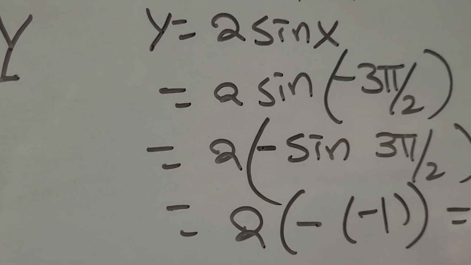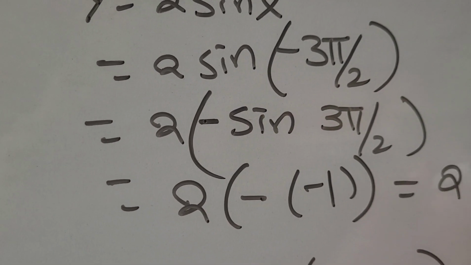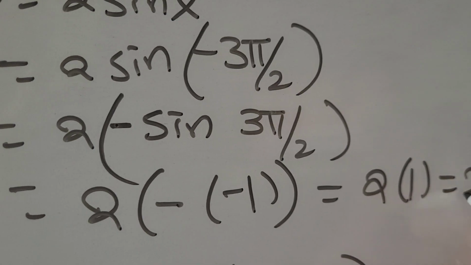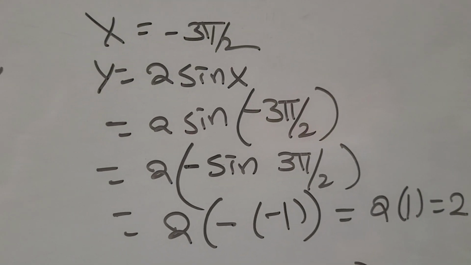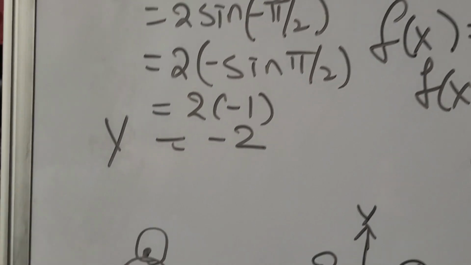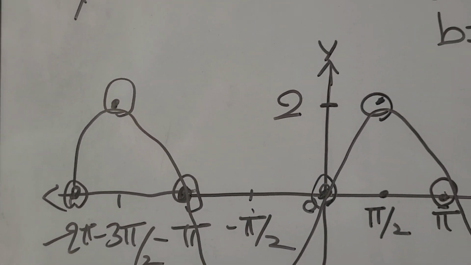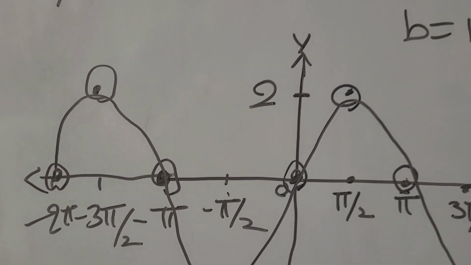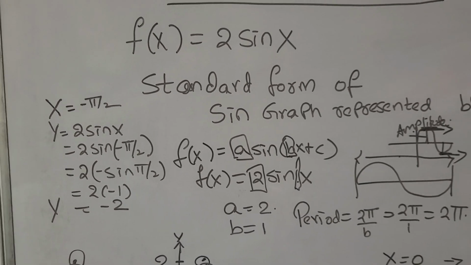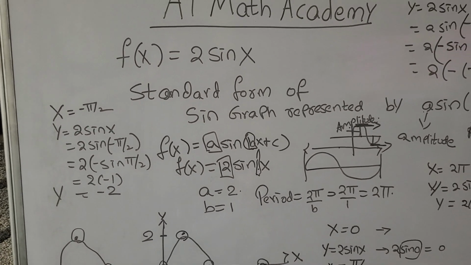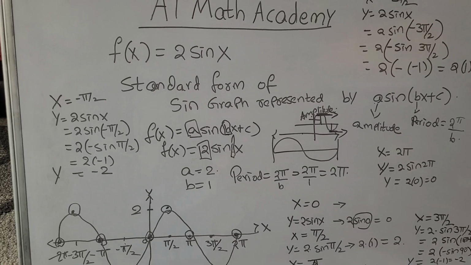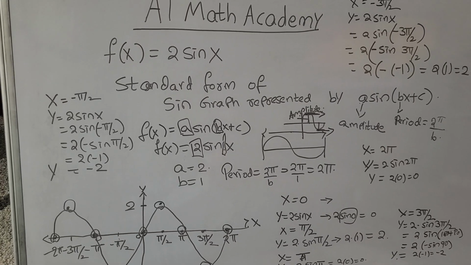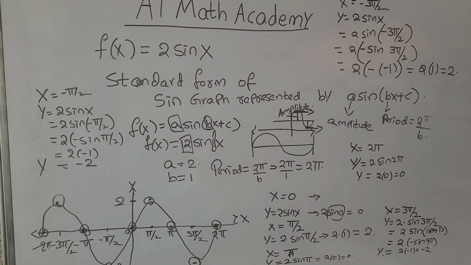So 2 times minus times minus 1 is plus, 2 times 1, which is 2. So in this way we got the value for x equal to minus 3 pi by 2 as 2. So I have graphed like that. So this is how you solve it, and this is a total glimpse of my solution here. So this is how we solved it, and here is the graph for that function.